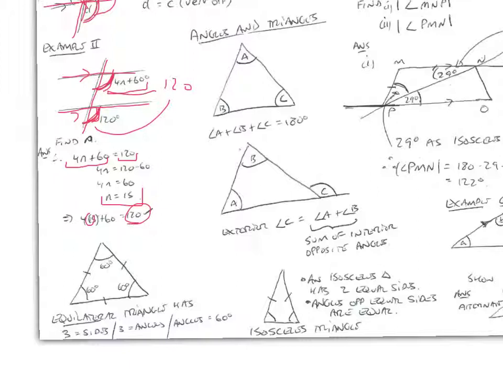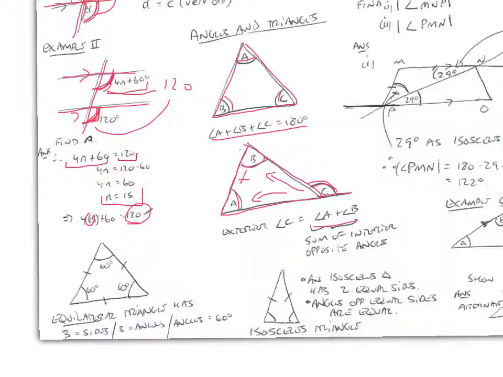Let's talk about angles and triangles. So here we have a triangle, three angles within the triangle ABC. They'll always sum to 180 degrees. We have a triangle here, and it has an exterior angle C. The exterior angle C is always equal to the sum of the interior opposite angles A plus B. The interior opposite angles, that's what C is equal to.